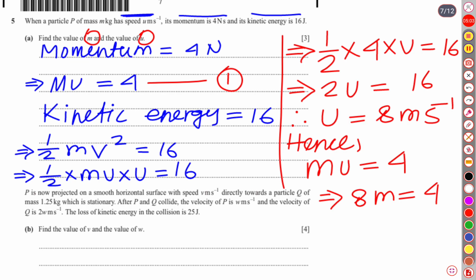If 8m is equal to 4, our m must be 0.5, because if 4 is divided by 8, it is going to be 0.5.